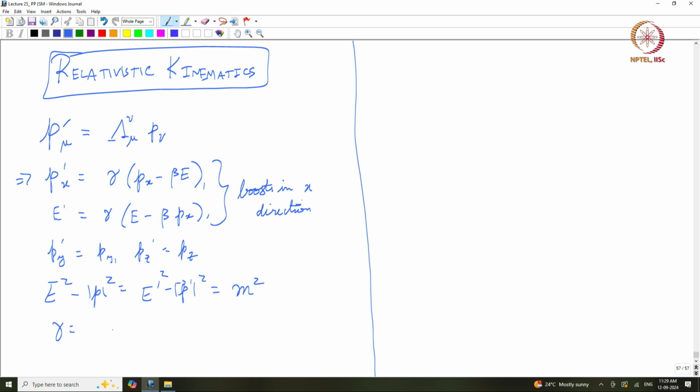Gamma is 1 over the square root of 1 minus beta squared. Just so you remember, beta is the speed of the frame that you are thinking about, the inertial frame itself. So, technically it is v over c, but we are setting c to 1.